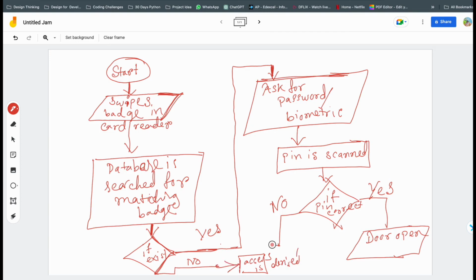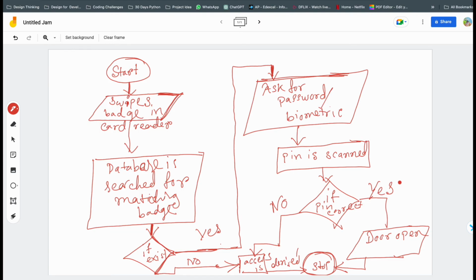And always remember there is one point which is stop. So when the door is open, the system stops. When access is denied, the system again stops. So this is the flowchart for question number 5.